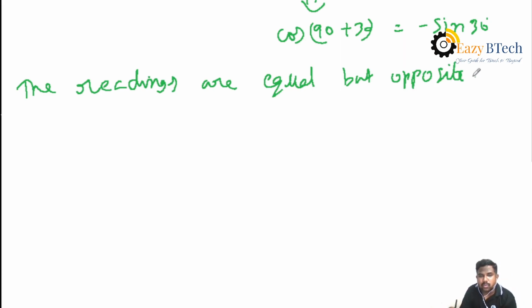Opposite means one meter shows a positive value and the other meter shows a negative value. That is, one meter gives positive power and the other meter gives negative power, when the power factor angle is 90 degrees. Okay, like that we have to find the power factor angle phi equals tan inverse of root 3 into (W1 minus W2) by (W1 plus W2).